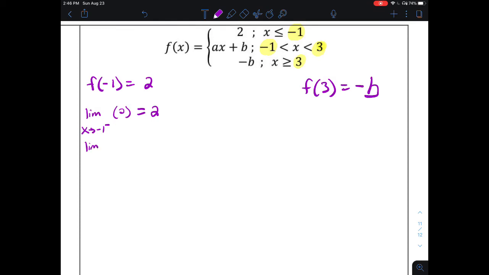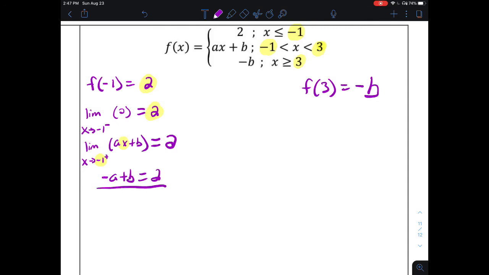And the limit as x approaches -1 from the right for f of x, I would use the ax plus b, and in order for it to be continuous, the limit has to exist. So I would set it equal to what it's defined as, which is 2. Now I'm going to work to solve. I would take that -1 and put it in for x, so that gives me -a plus b is equal to 2.